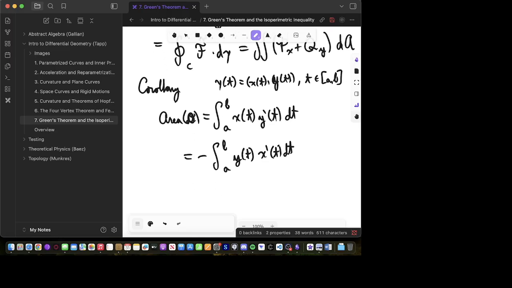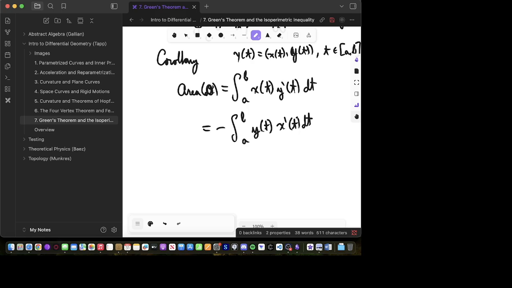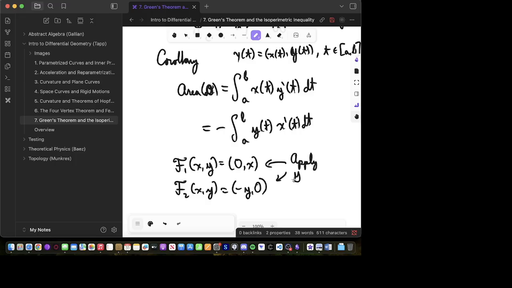And the way you prove this, I'm not going to do the whole working out of it, but you apply Green's theorem to this vector field, and then you apply Green's theorem to these two, and then you should come out with similar results.